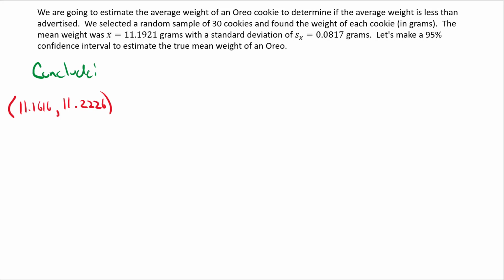And for our conclusion, we simply need to say we are 95% confident that the interval from 11.1616 to 11.2226 grams captures the true mean weight of Oreos.